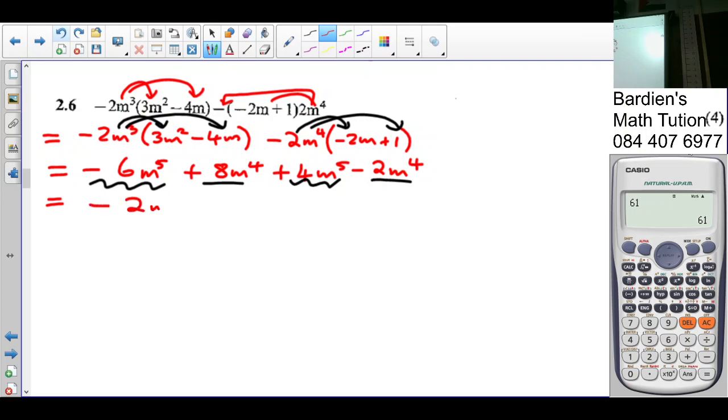Negative 2m5. You all agree with that? What is 8m4 minus 2m4? Positive 6m4. Any confusion there?